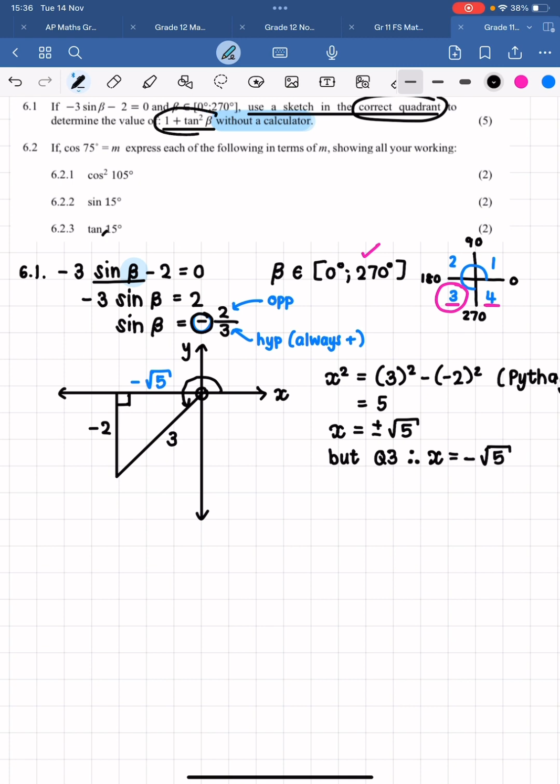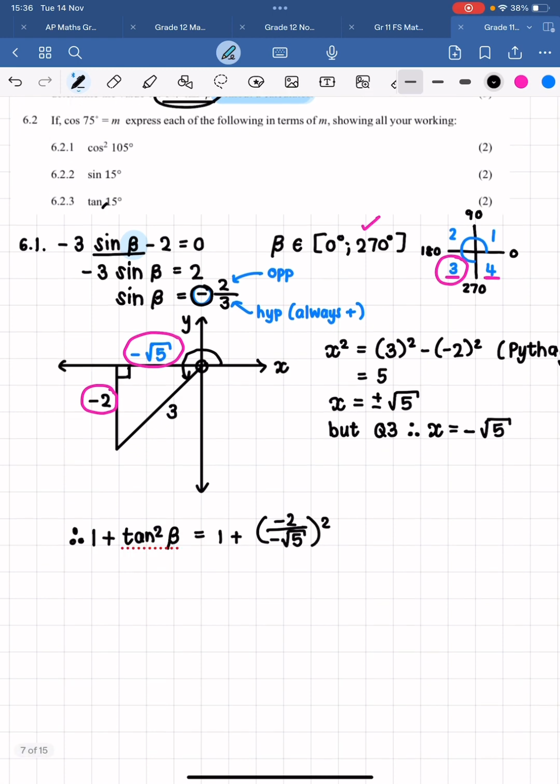Now that we have this triangle, we can use the triangle to find the value of 1 plus tan squared beta, because we all know, hopefully, that tan is opposite over adjacent. So in this triangle, the opposite side is negative 2 and the adjacent side is negative root 5. So we are going to have negative 2 over negative root 5.